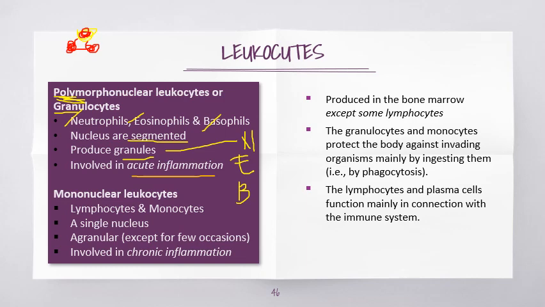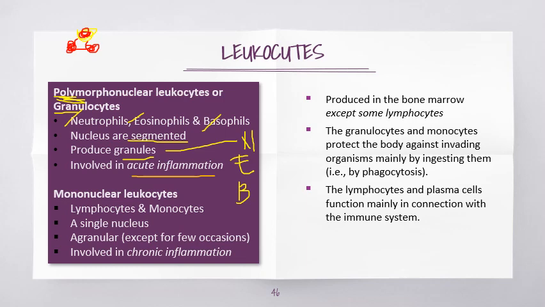The white blood cells or leukocytes are also produced in the bone marrow except for some lymphocytes that I will discuss later. Granulocytes and monocytes protect the body against invading organisms, particularly bacteria, and they do that by ingesting the offending agent, or by phagocytosis.